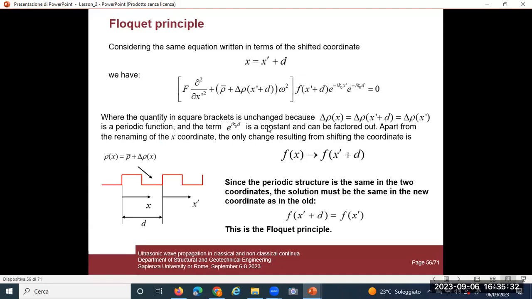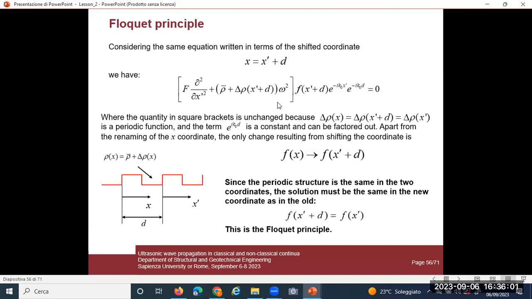Now, if you take a better look at that and consider the same equation but written in terms of the shifted coordinate, you can see that x is just equal to x prime plus d.